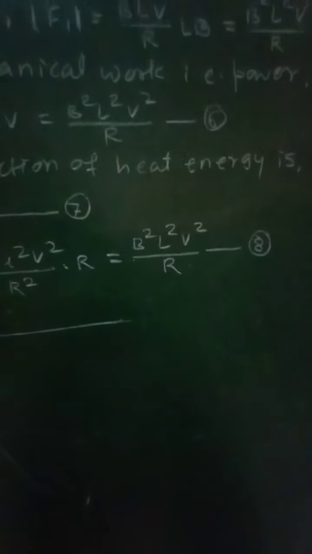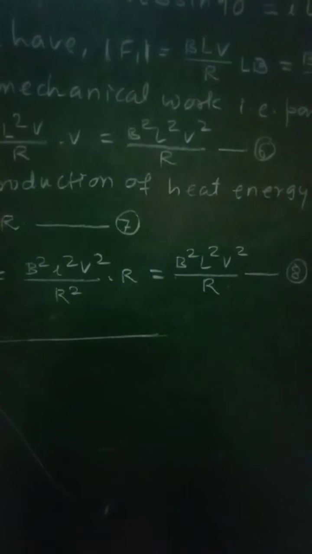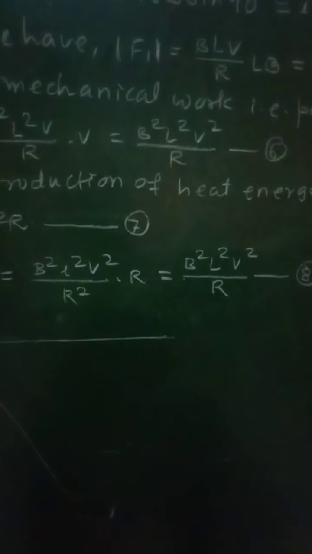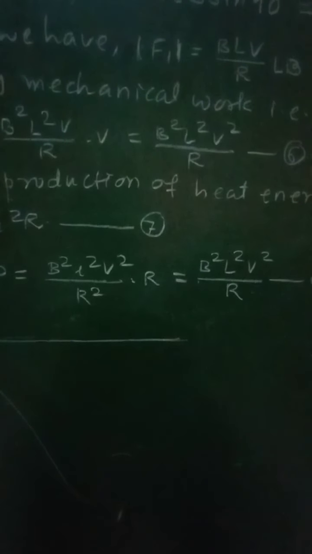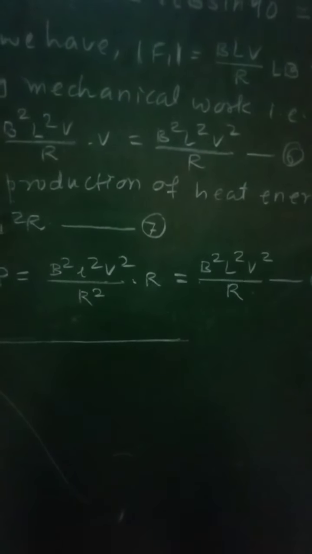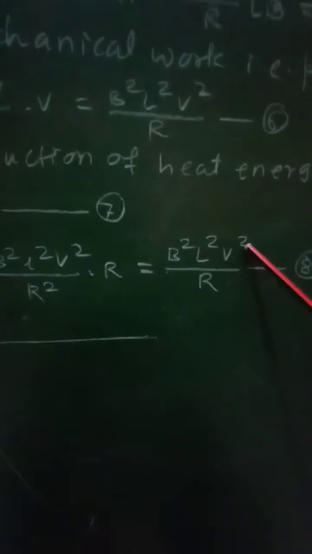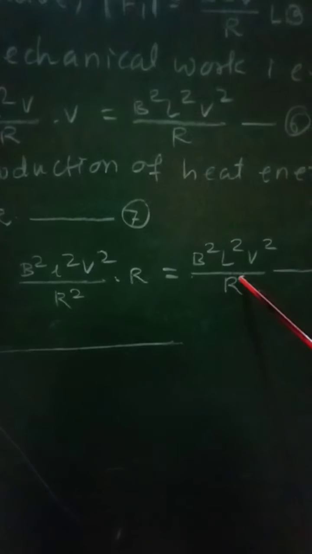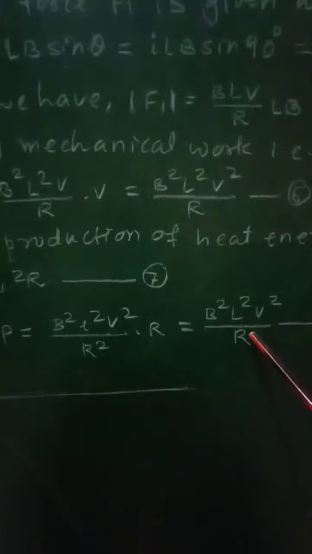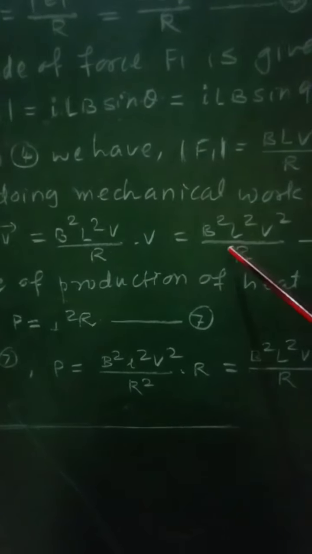That is equation number 8. And therefore from these relations we can conclude that the work done in pulling the loop through the magnetic field appears as heat energy in the loop, because equation 8 represents the electrical power, and equation number 6 represents the mechanical power.